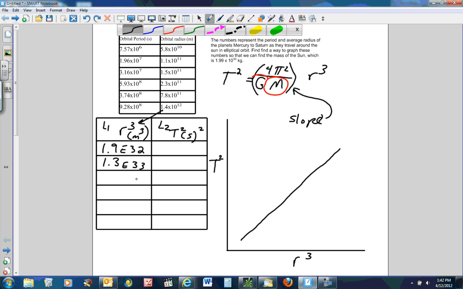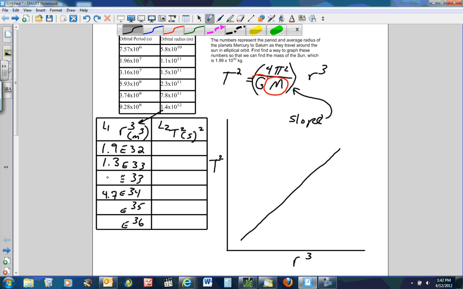Let me write down all these numbers. 33rd, 34, 33rd, 34, 35, 36 E, and then I got 1.2, 4.7, oh, I missed one here, I messed up.